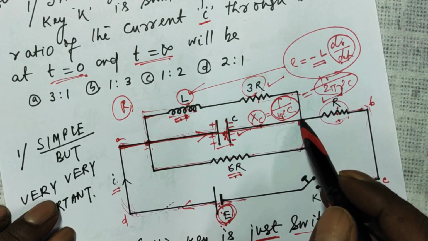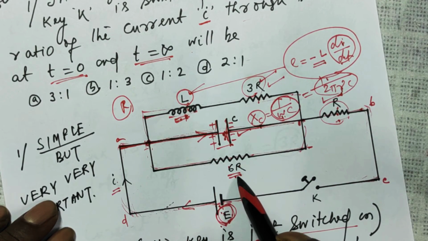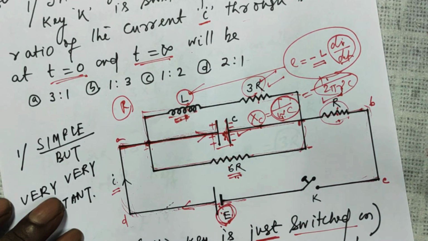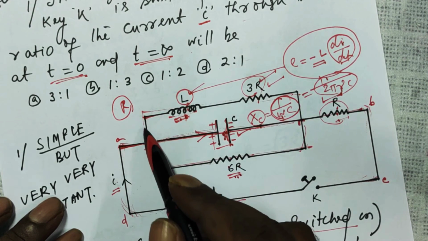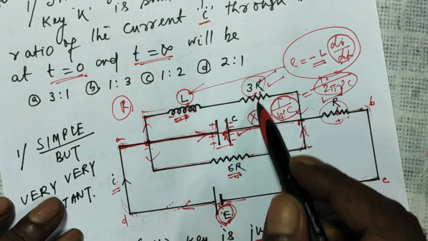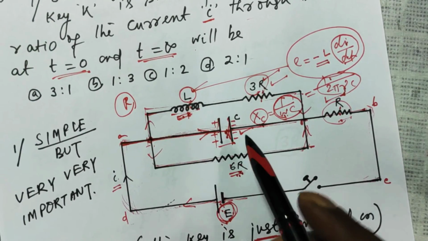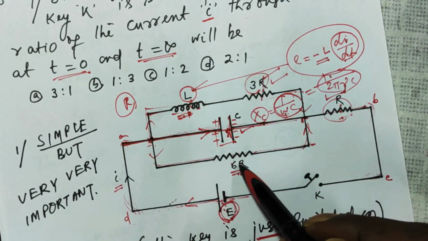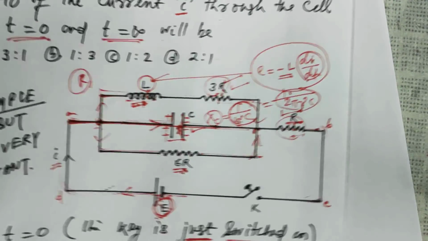So 3R and 6R between these two points are in parallel, because the current gets divided here and combines again here. And the effective of 3R and 6R is in series with R.